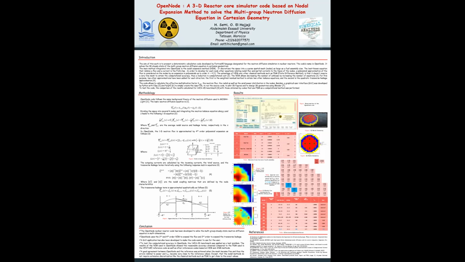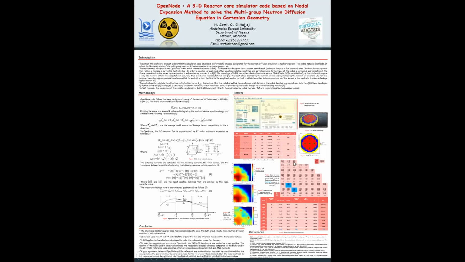The calculation method to cross mesh is core distribution of the neutron power and K-effective value given by OpenNode code.